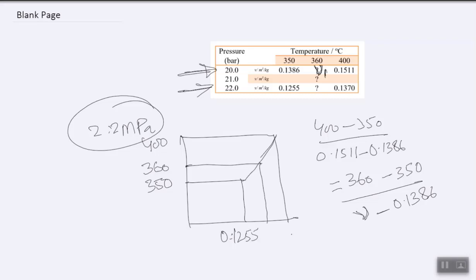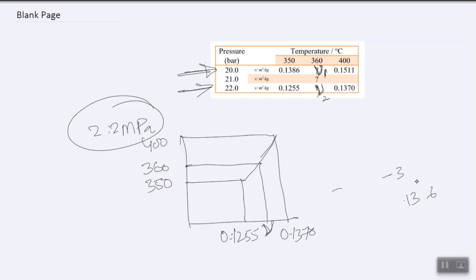At 400, I've got a volume of 0.1370. So I can find a volume at 360, and I can name it V2 now. I hope that is understandable. So just leave this now.